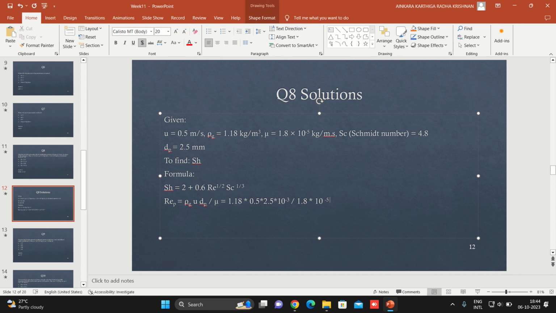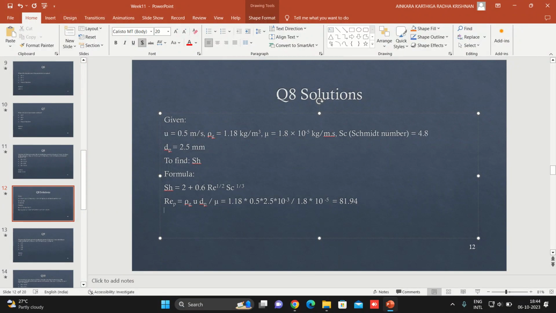So what would this give us? 1.18 into 0.5 into 2.5 divided by 1.8, divided by 10 power 2. So it is 81.94. That is the Reynolds number.